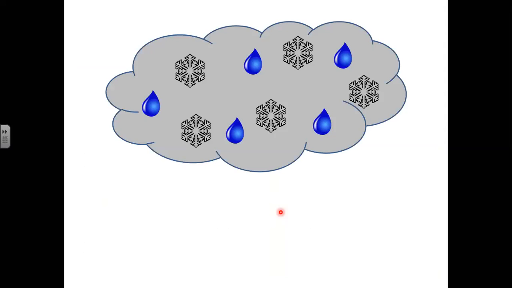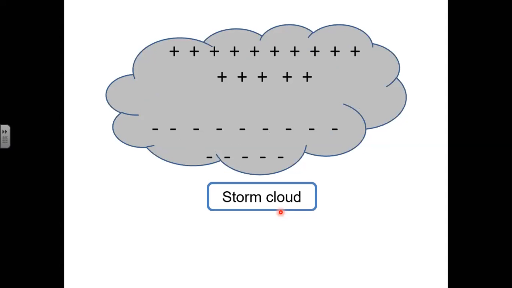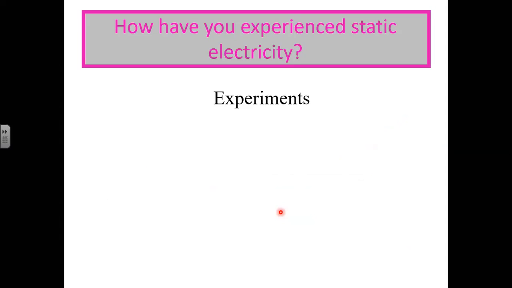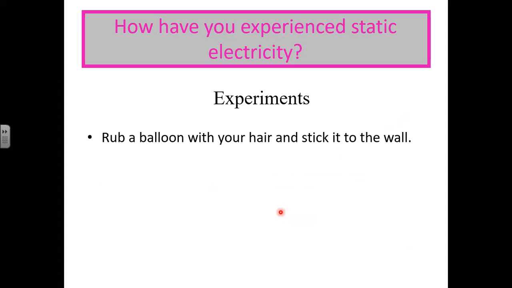They start to rub against each other, and this will fill the cloud with negative charge. Now the ground is always positively charged. So when the negative charge from the cloud reaches a specific point where there are too many, it will jump to the ground, which is positively charged, and this is what causes the lightning. Okay.